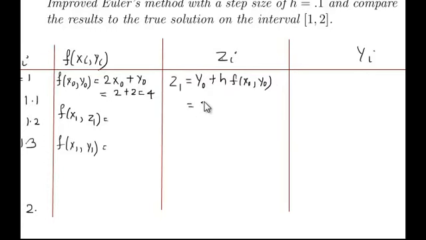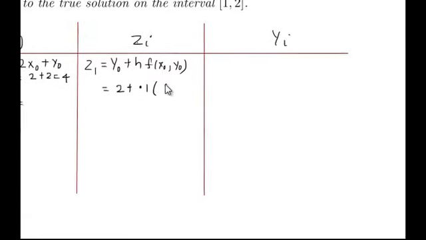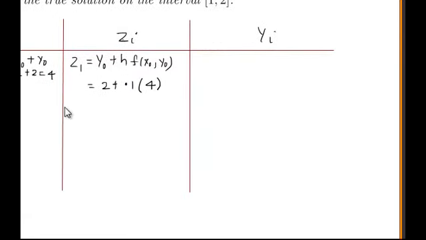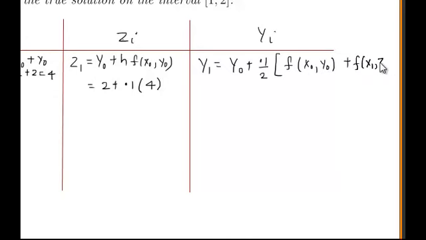So y naught is 2, h is 0.1, and f of x naught y naught is 4. y1 is y naught plus h over 2, that is 0.1 over 2, times f of x naught y naught plus f of x1 z1.